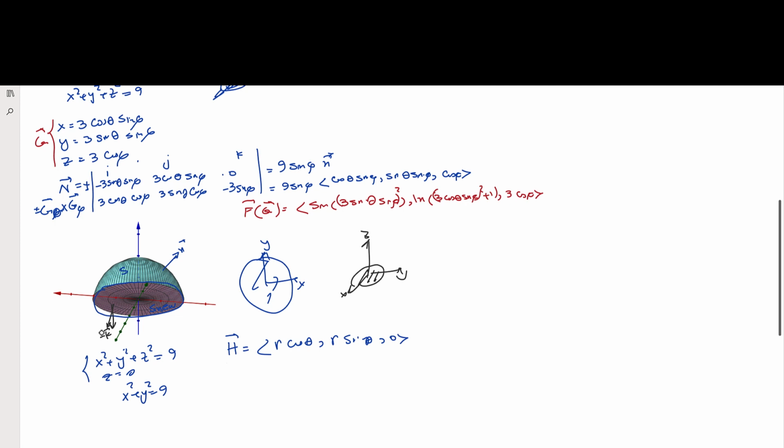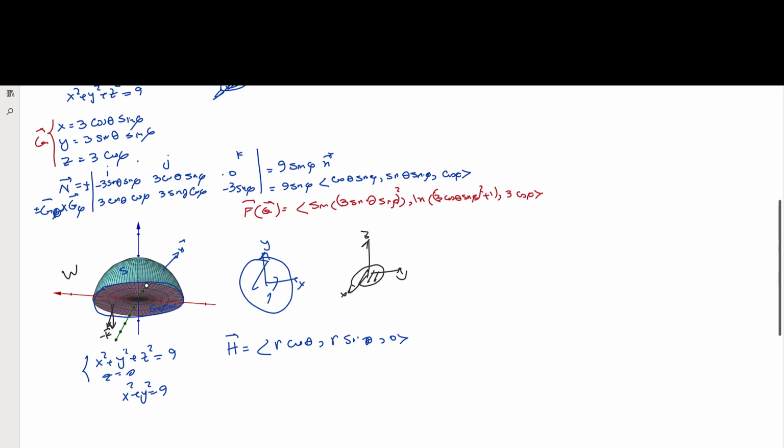So by the divergence theorem I can say, now let's say there is a volume W, which is the inside of the hemisphere capped at the xy plane.